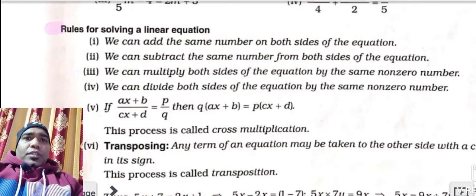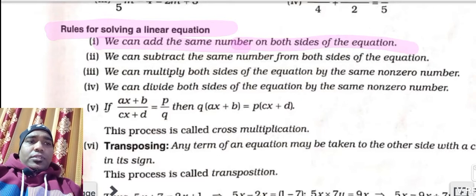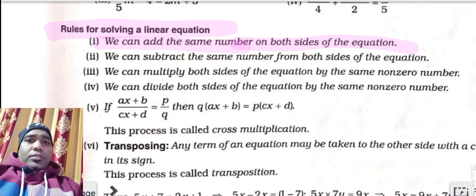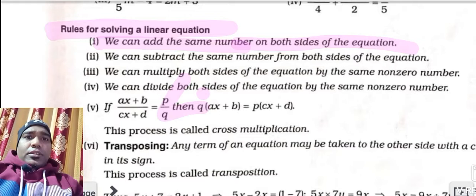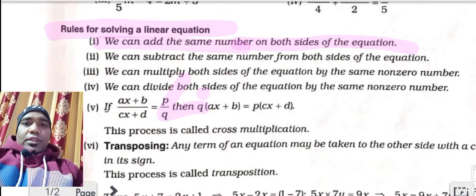A few rules are there for solving linear equations. What are those? We can add the same number on both sides of the equation. Both sides of the equation means an equation has LHS and RHS.